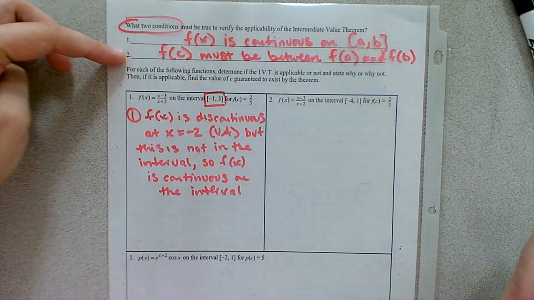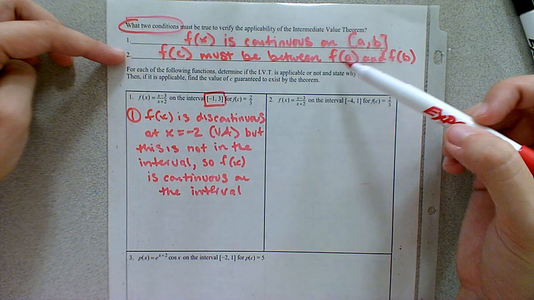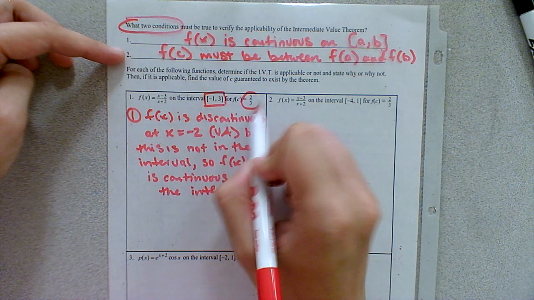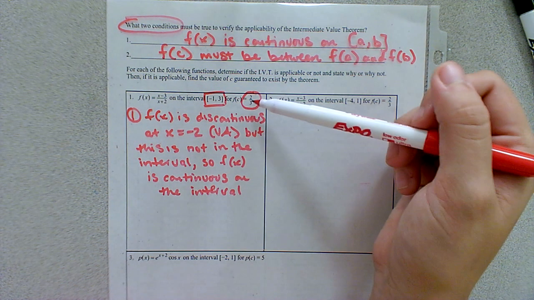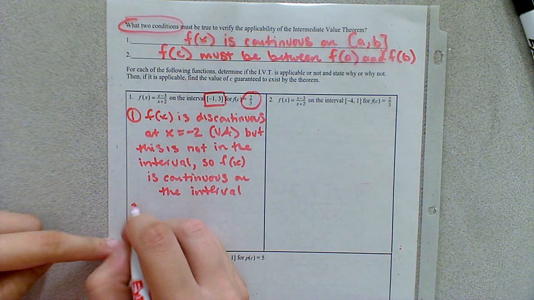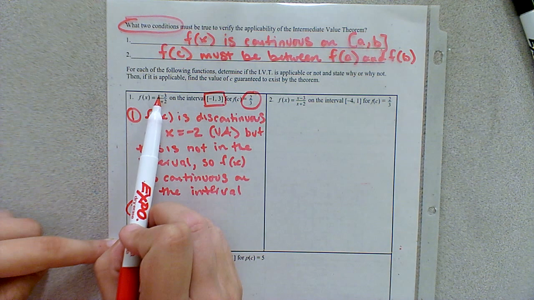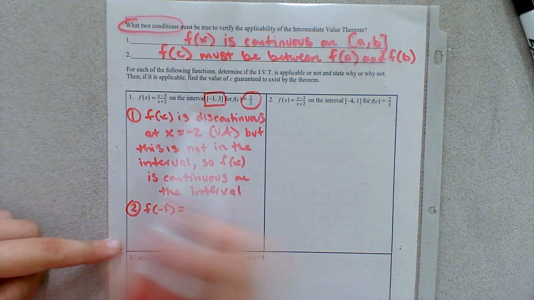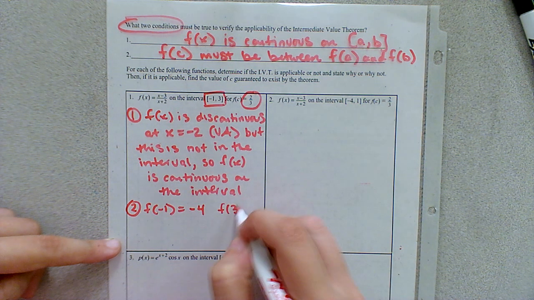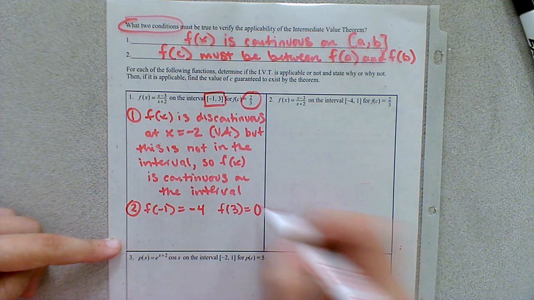The second thing is we have to make sure the y value that we have is between the y values from the interval. Notice how the y value we have, f of c, is 2/3. So we have to check to make sure that 2/3 is between the outputs from -1 and 3. Let's check the output from -1. If we plug in -1, we get -4 over 1, so that's -4. And if we check 3, we have 0 over 5, which is 0.